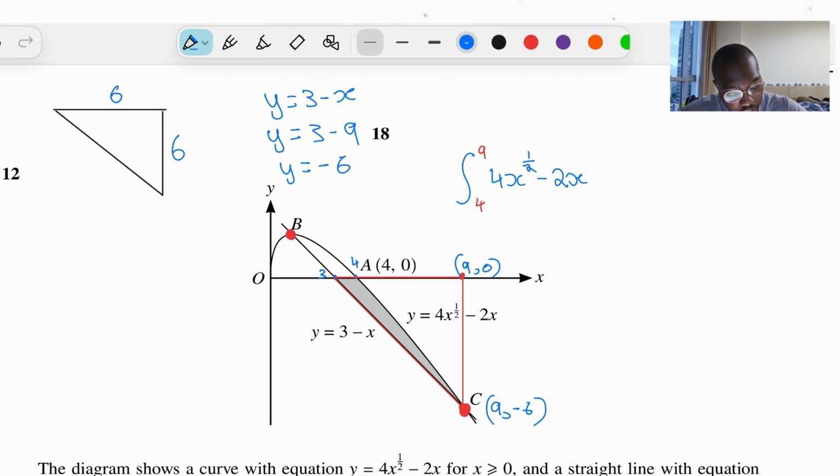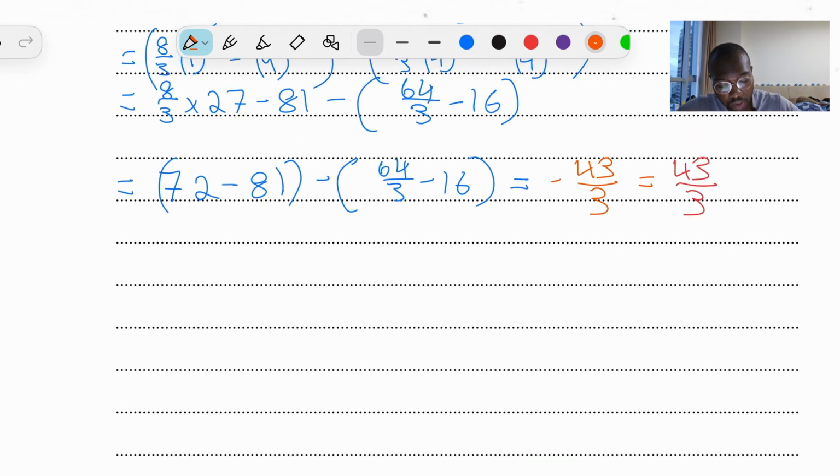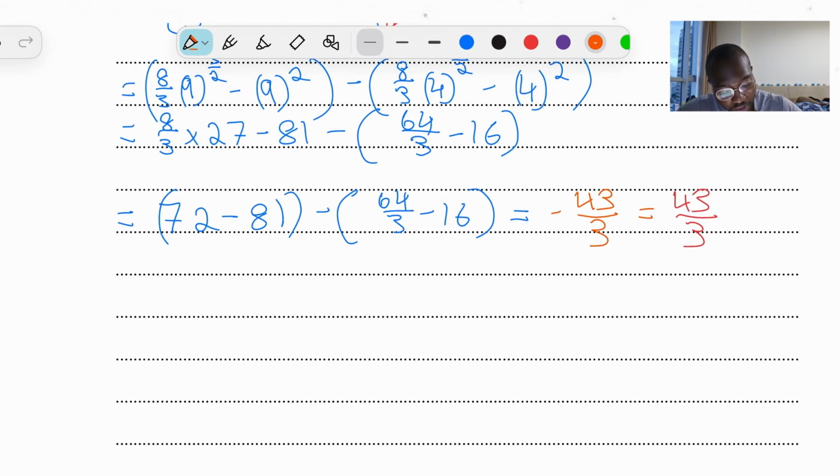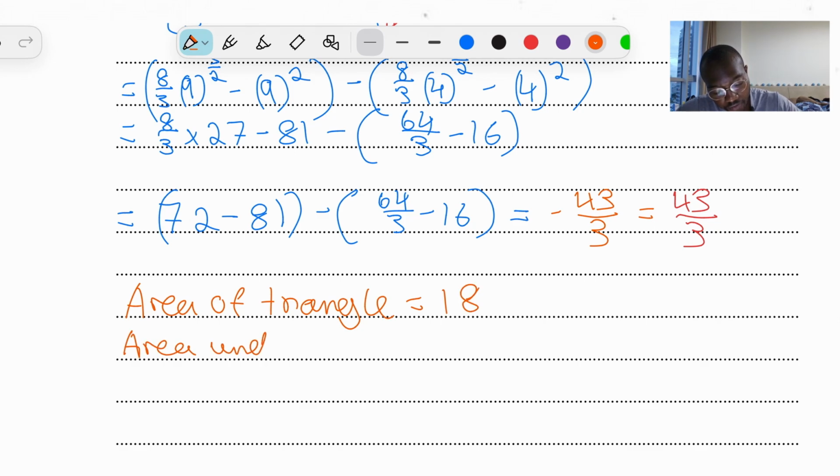So therefore, a half times base times height, a half times 6 squared is simply just 18. So just like that, we've worked out the right angle triangle is 18, okay? So we know that the area of the triangle is 18. We know that the area under the curve is 43 over 3.